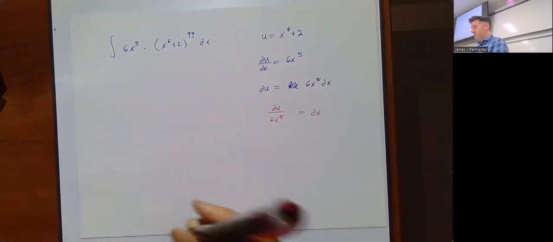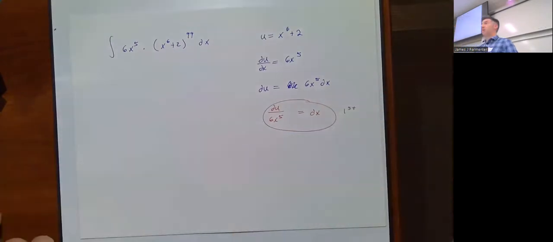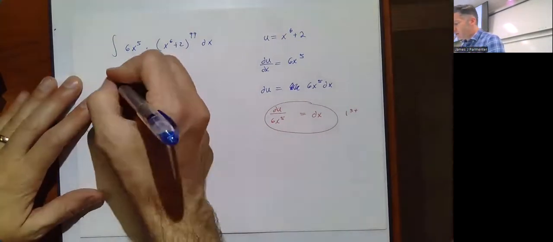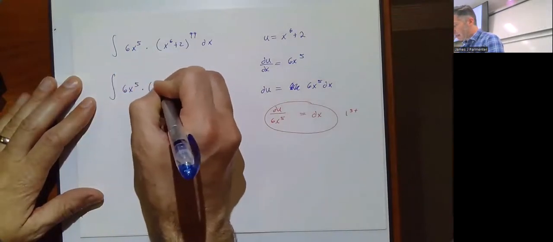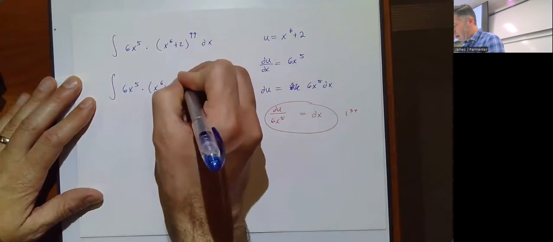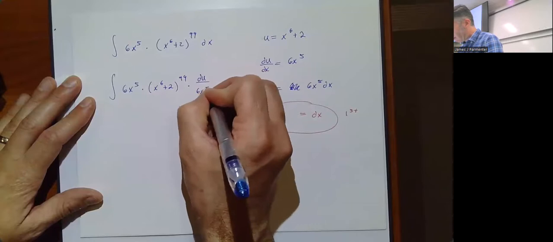So if I deal with this first, meaning I'm just going to replace dx with du over 6x to the fifth. Now, it is going to lead to my integral having u's and x's at the same time. That's okay as long as we eventually aren't there. So I'm going to write this as the integral of 6x to the fifth times (x to the 6 plus 2) to the 99th power times du over 6x to the fifth.